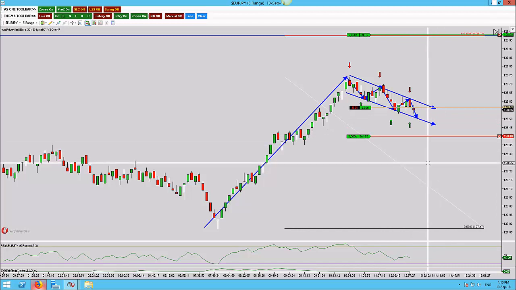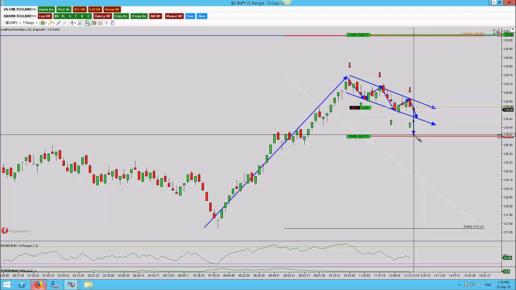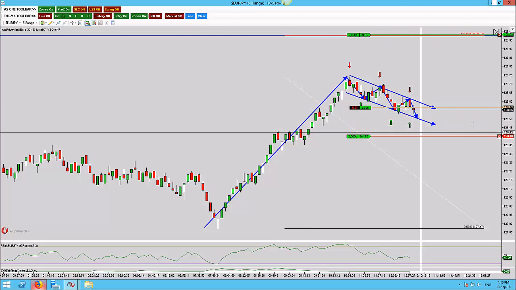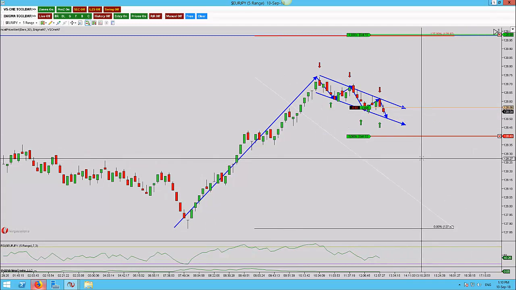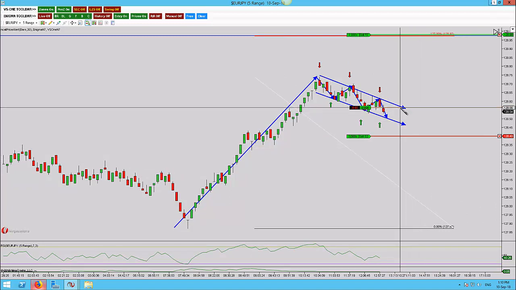However, I don't stop there. My stop is in more than an appropriate place, because if we have a fake break or a long wick test candle, guess what, my stop is right down here out of harm's way. So if I do get stopped out, it's likely that this trade is going to lose.